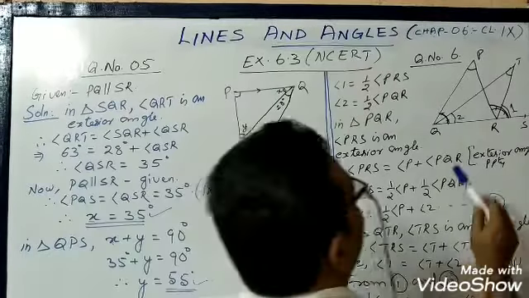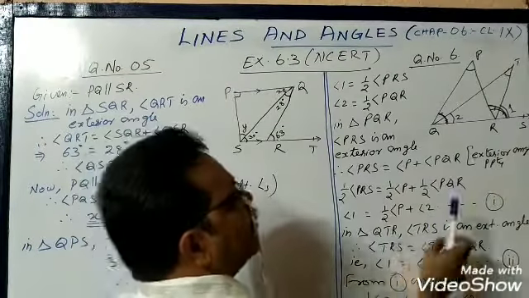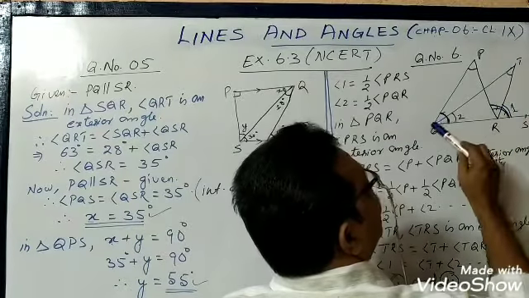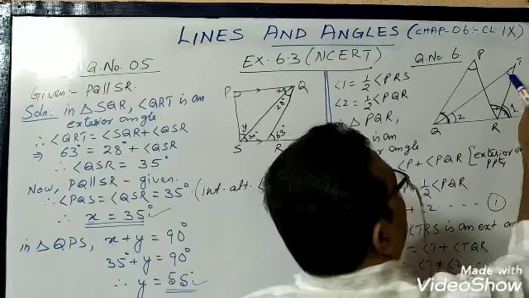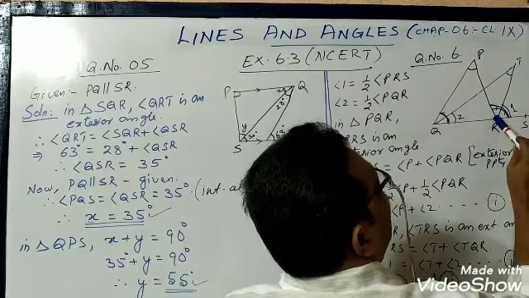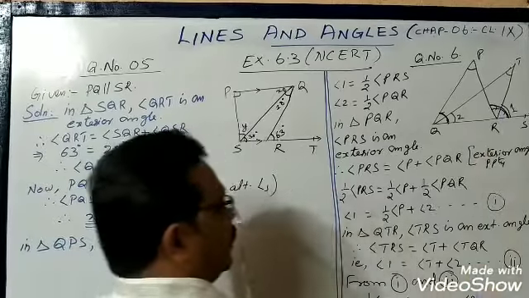Now let us take triangle QTR. In triangle QTR, angle TRS is an exterior angle, that is, angle 1 is an exterior angle.